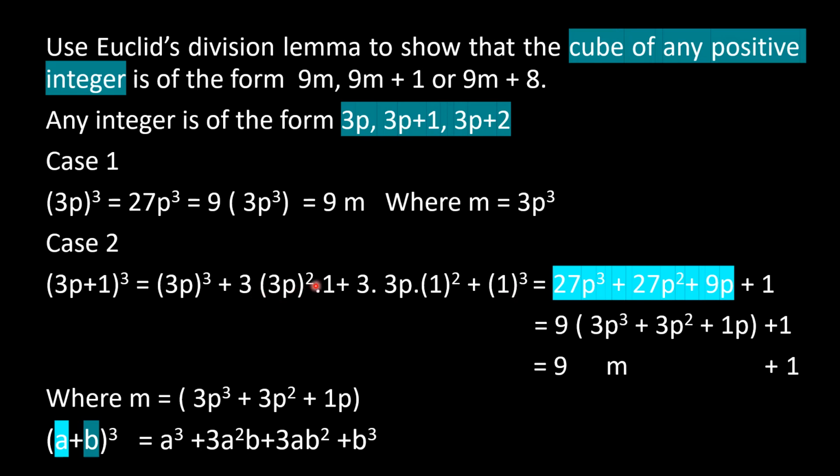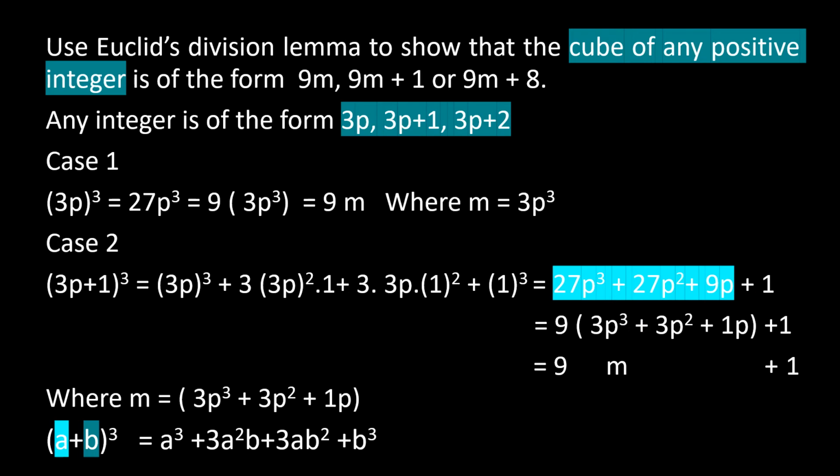So 3p the whole cube is 27p cube, plus 27p square plus 9p plus 1. From this 27p cube plus 27p square plus 9p, you can take 9 out. When you take 9 out, you will get 3p cube plus 3p square plus p, plus 1. This can be written as 9m plus 1, where m equal to 3p cube plus 3p square plus p.